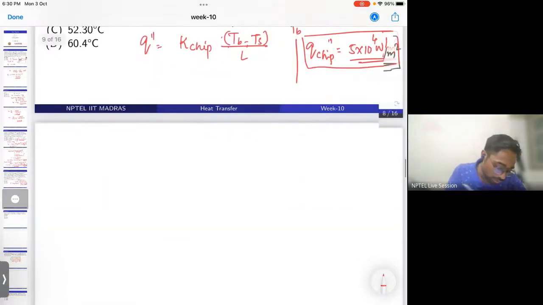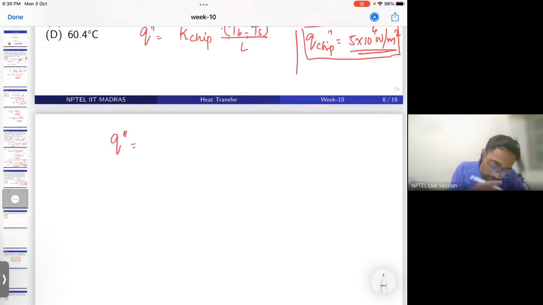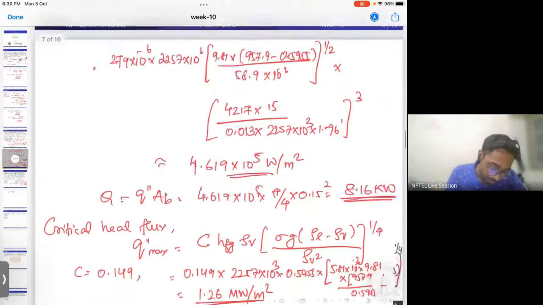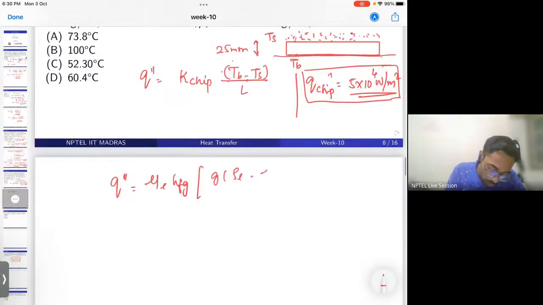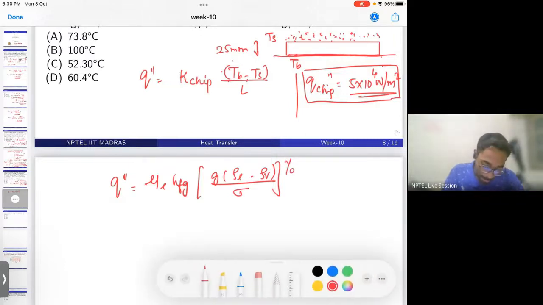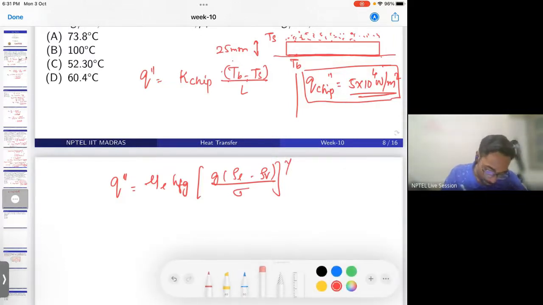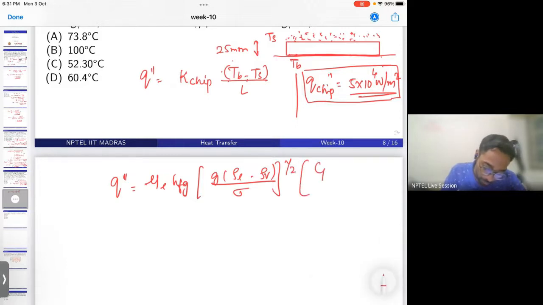So we know from Rohsenow's correlation, the heat flux required for nucleate boiling is mu L HFG into g times sigma divided by g into rho L minus rho V, raised to 1 by 2, into CPL delta T divided by CSF HFG Prandtl number raised to n, the whole raised to 3.